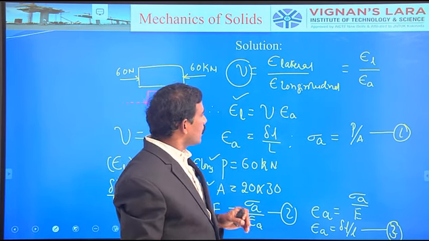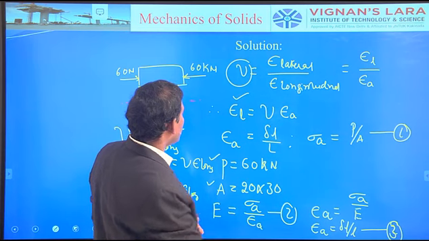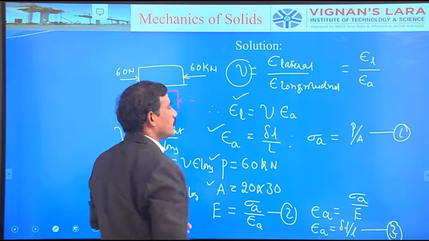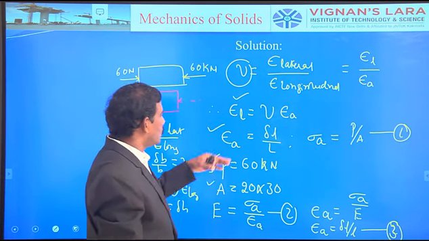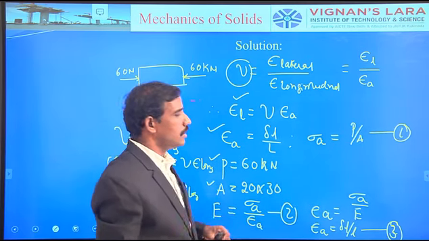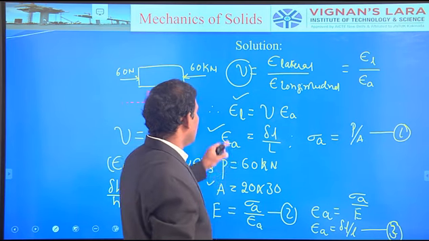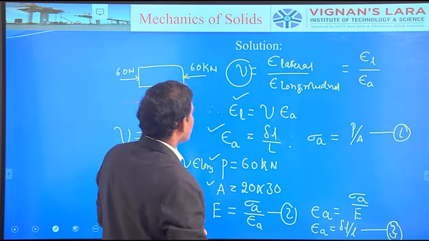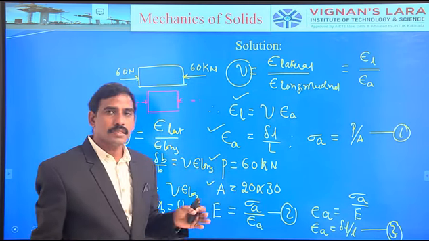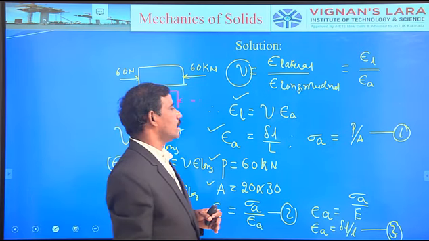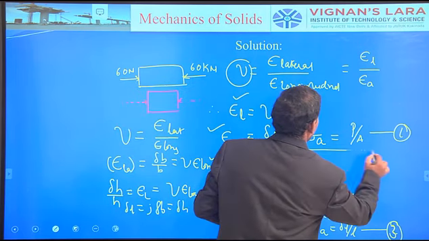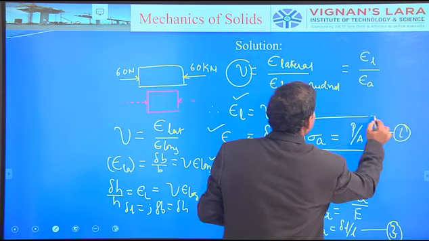In a particular problem, you may not directly know the longitudinal strain, that is delta L by L. We don't know delta L, and you know only L, so you are unable to find the axial strain, called the longitudinal strain.